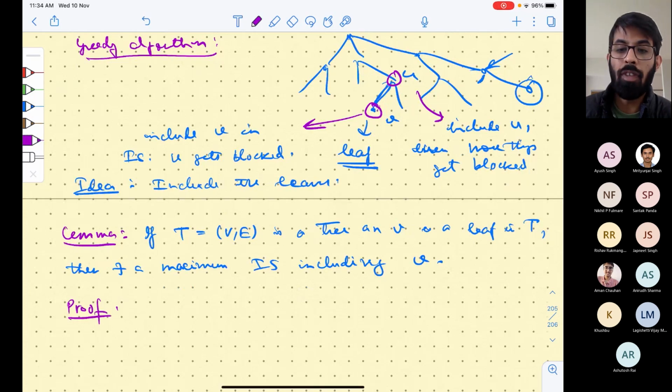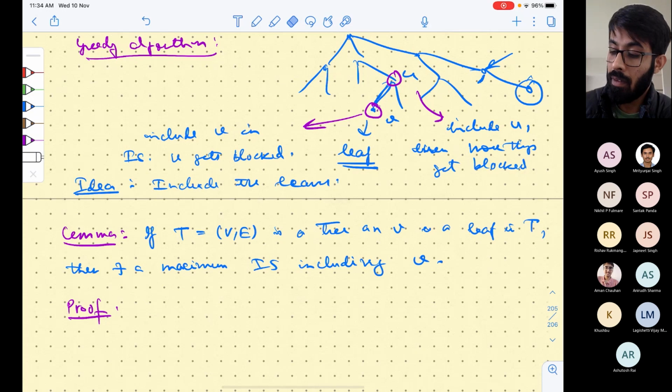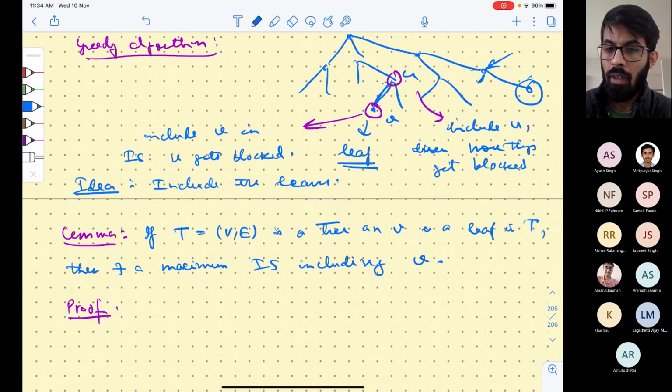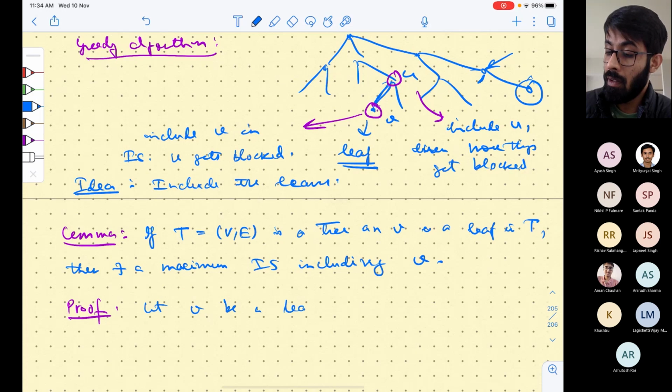And what can be the proof of this? So let V be a leaf and let UV be the only edge incident on it.